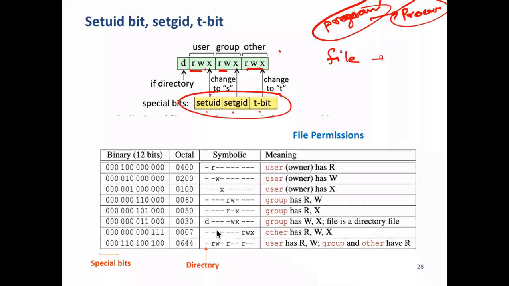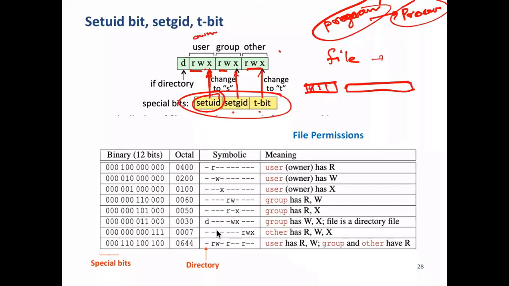This corresponds to this one, right? First, the set UID bit corresponds to the user or owner of the file. The second corresponds to group, and the third corresponds to others. So, not to confuse you, there are 9 bits, the regular ones, and 3 extra bits.